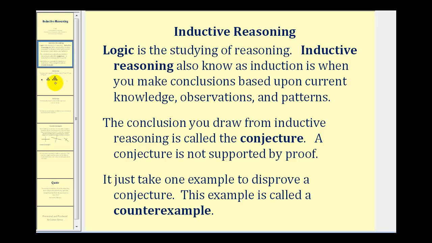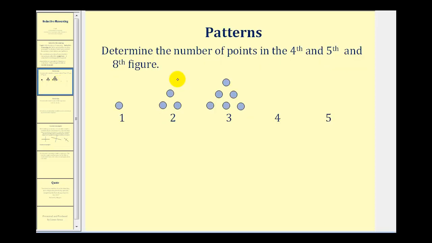Let's take a look at some problems. Here we want to determine the number of points in the fourth, fifth, and eighth figure if this pattern continues. Looking at figures 1, 2, and 3, we want to use inductive reasoning to figure out a possible pattern.